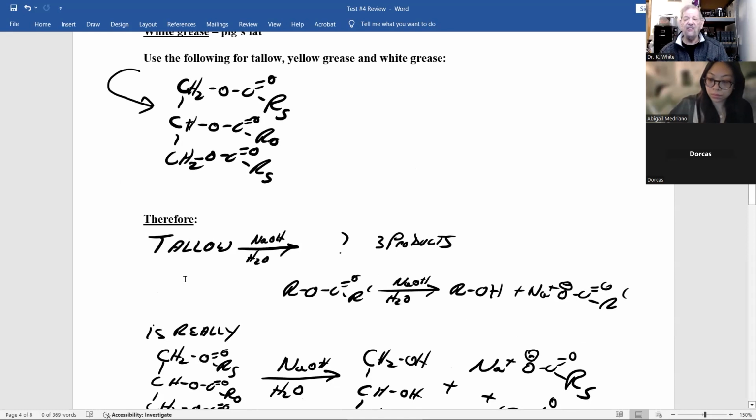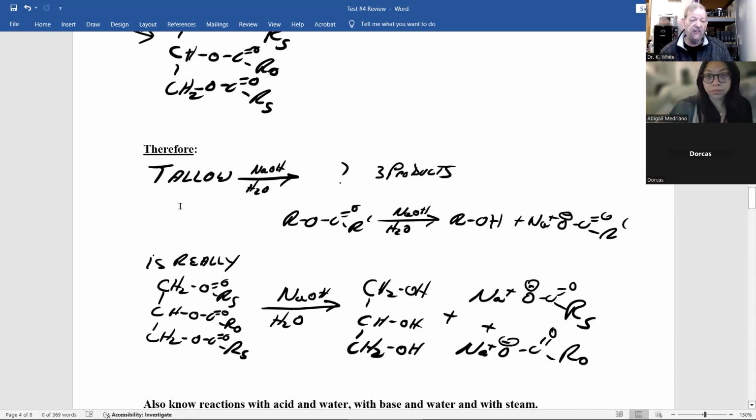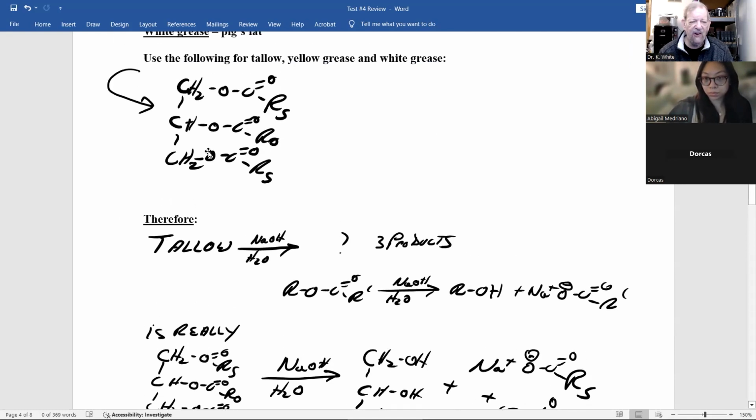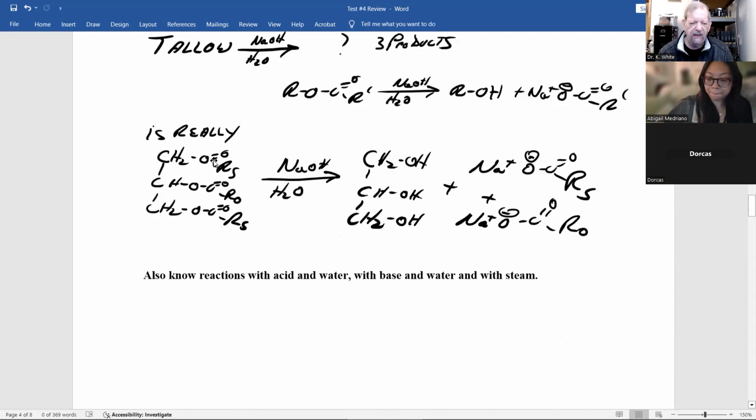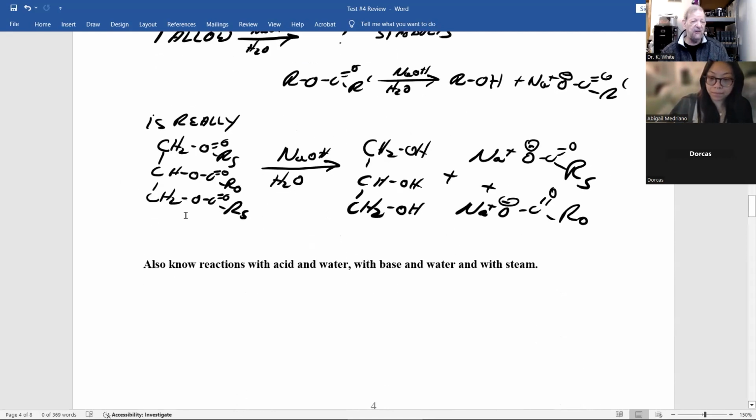Therefore, if on a test, I ask you, give the 3 products that you get when you react tallow with sodium hydroxide and water, you should know this is a triglyceride, which is an ester. Here's a general reaction. And because this is the structure you should use for tallow, yellow grease, white grease, the reaction I'm asking you to do now is this one.